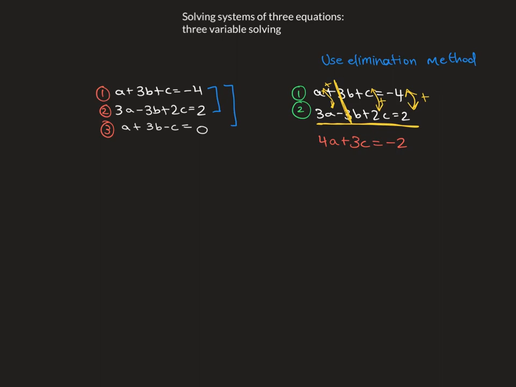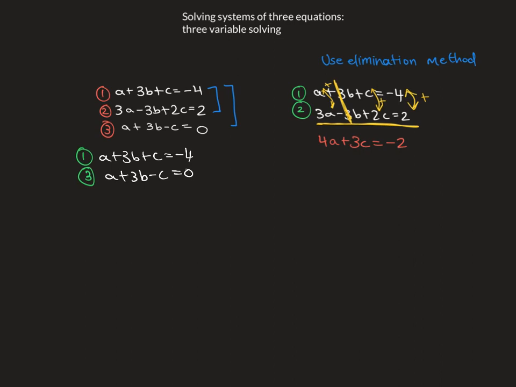Once we've used equations 1 and 2, we can move on to equations 1 and 3. So now let's write it down over here. We're using equation 1 and equation 3. Our equations are a plus 3b plus c equals minus 4, and then a plus 3b minus c equals 0. And then we solve it like we did last time.